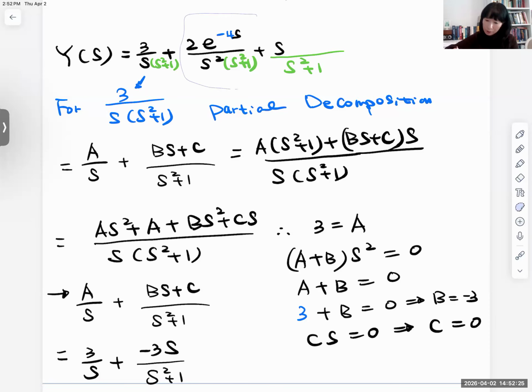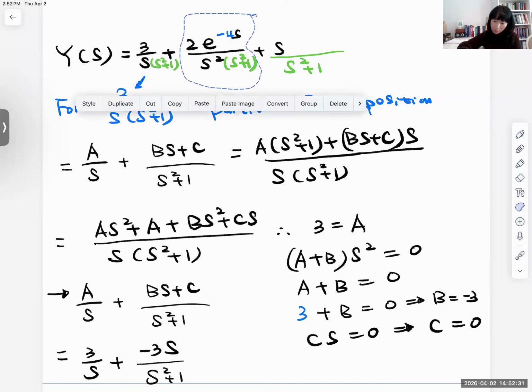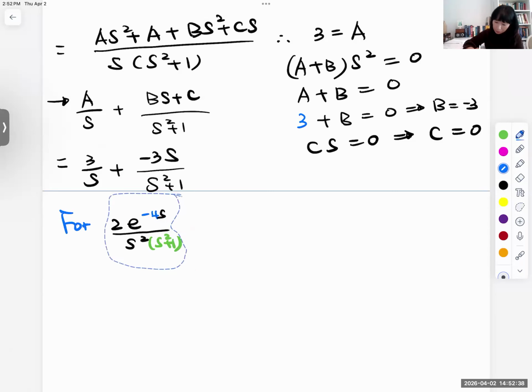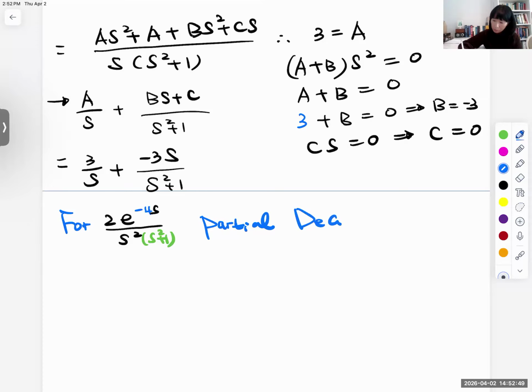This one, right? All right. Copy. For second term, partial decomposition, right? Okay, now we have s squared, right?